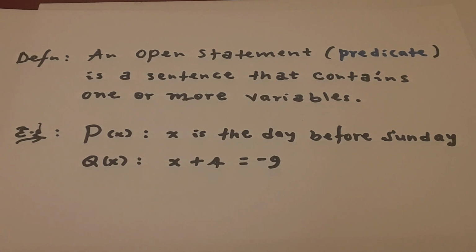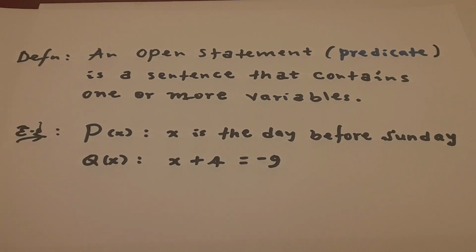In the first one, X is the day before Sunday, we don't know what X is. If X is Monday, it is false. If X is Saturday, which is before Sunday, it becomes true. So when we plug in X, the given open statement becomes a proposition.